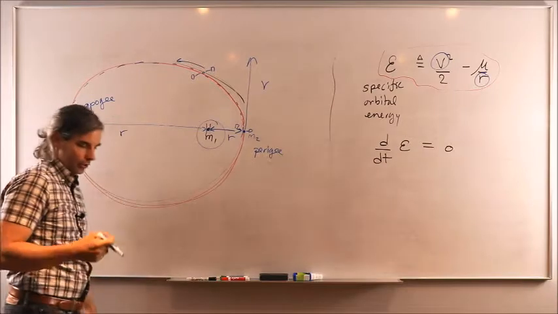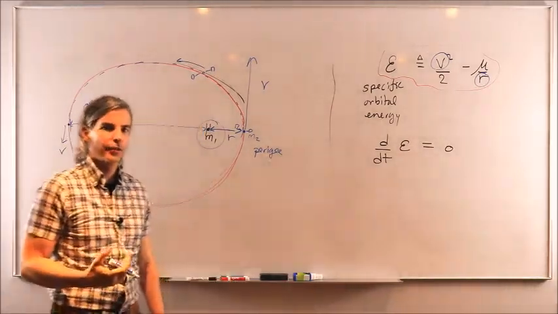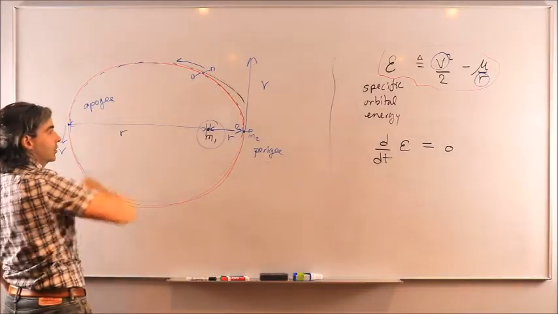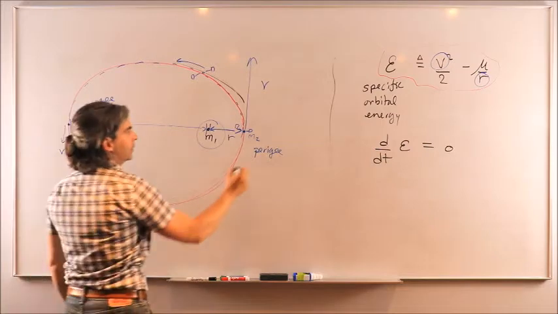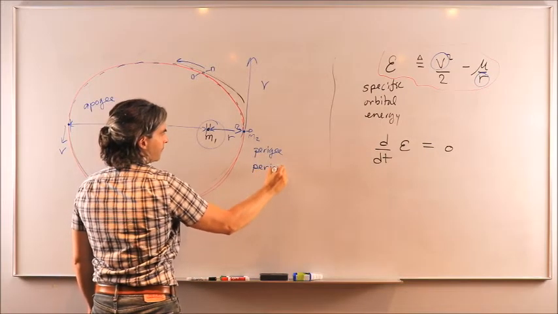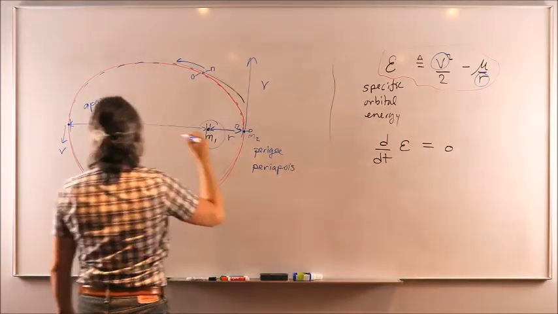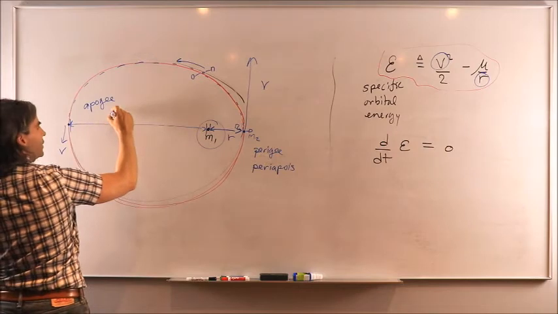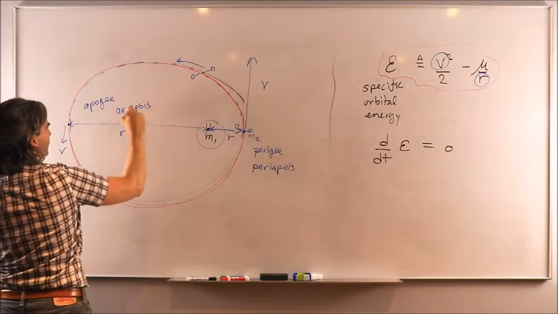Perigee and apogee are just Latin names that are used generically, regardless of the planet about which a spacecraft is orbiting. In a case where M1 happens to be the Earth, the perigee is going to be known as periapsis. Periapsis. And the apogee is going to be known as apoapsis.